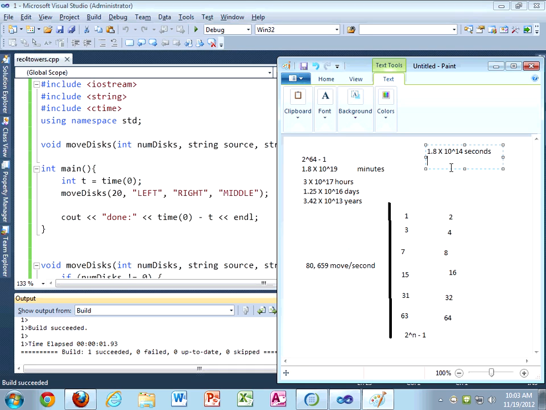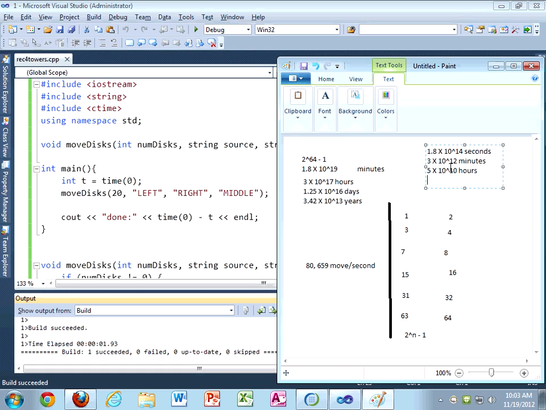Divide that by 60. Three times 10 to the 12. Divide by 60 again. 5 times 10 to the 10th.